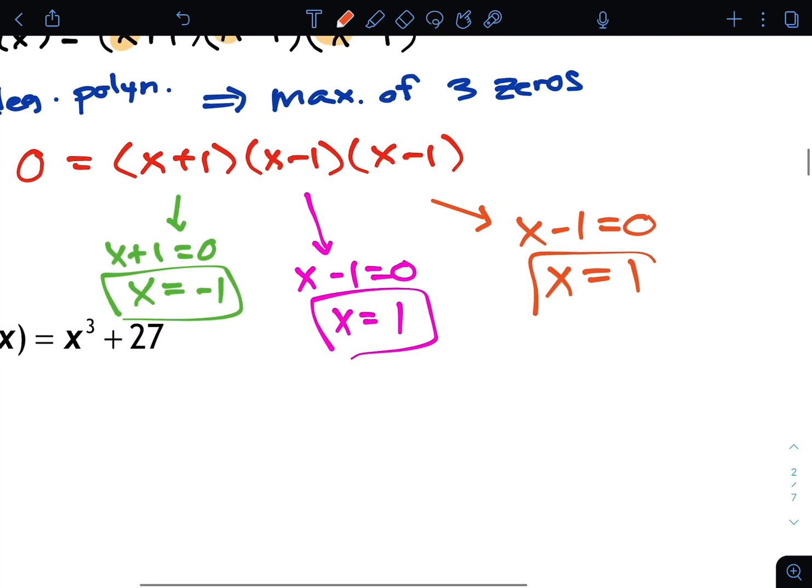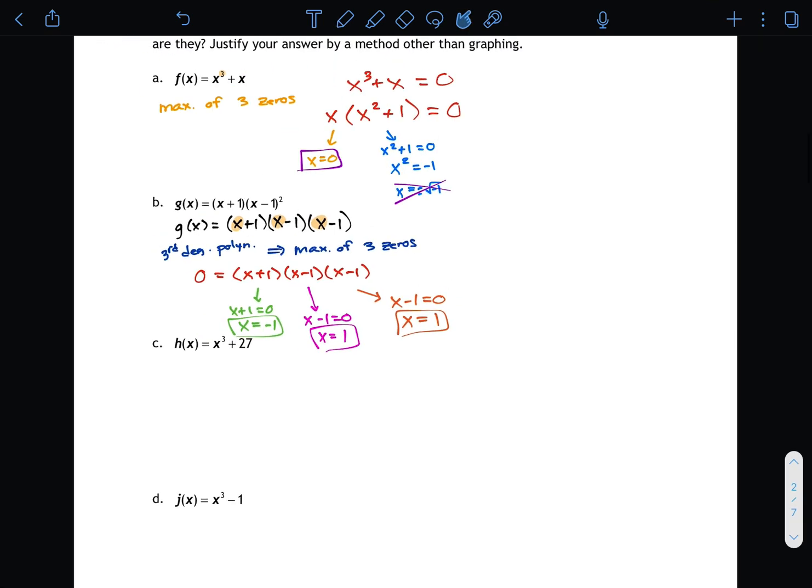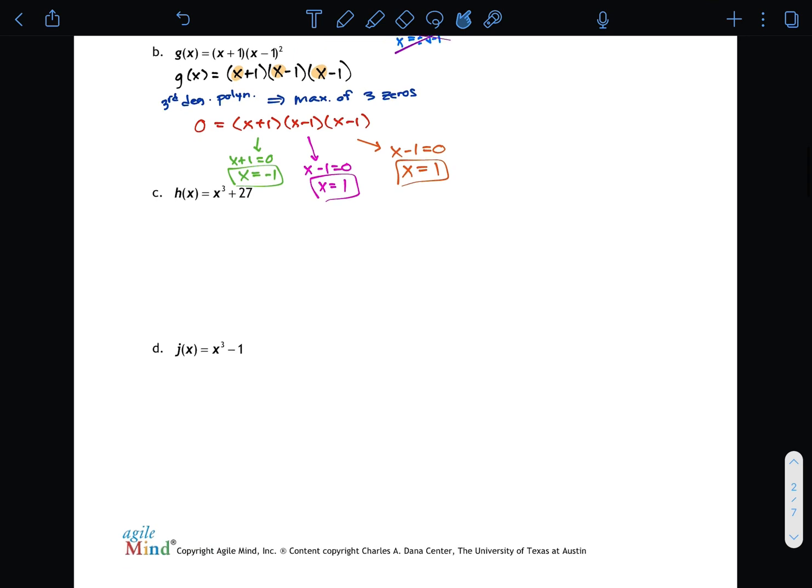We could include it if we want to, but it's not really necessary since it is a repeated value. Okay. So if you want to try the next two for practice, you can, and we'll talk more about factoring. If you have to look up how you could factor this out, that is okay.